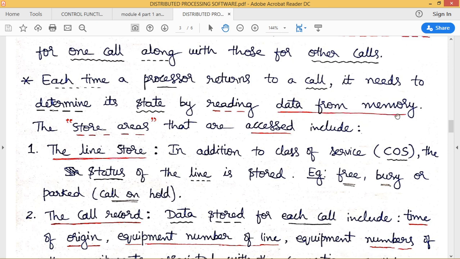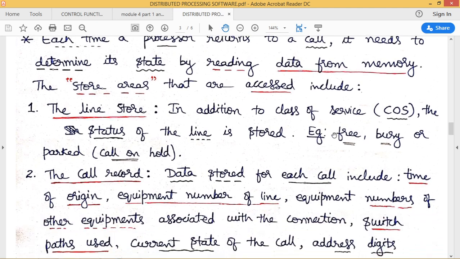We know memory will be available, and that memory will have the details of different call states. So the store areas that are accessed by the processor include different memory locations available with an SPC exchange.